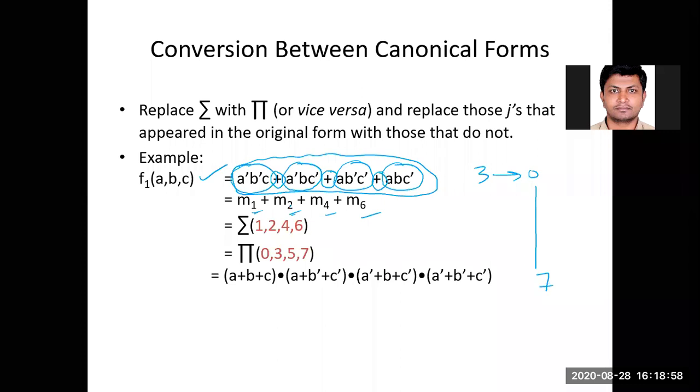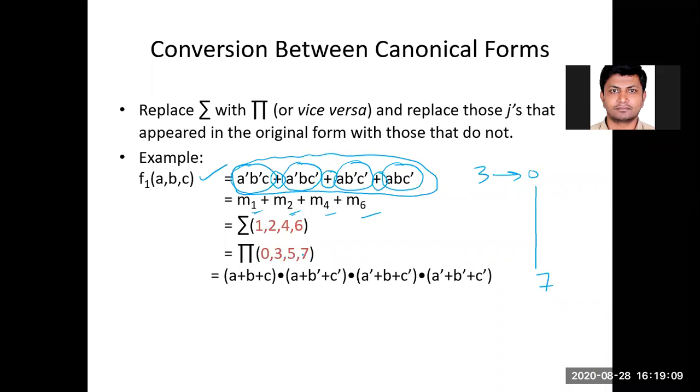So if 1, 2, 4 and 6 are in the sum of minterms, then the leftover part, which is 0 3 5 7, is there in the form of max terms, a product of max terms. For 0 individually you can write a max term, for 3, for 5, for 7, and you need to do the product of all those things. In this way you can convert your min term into max term.